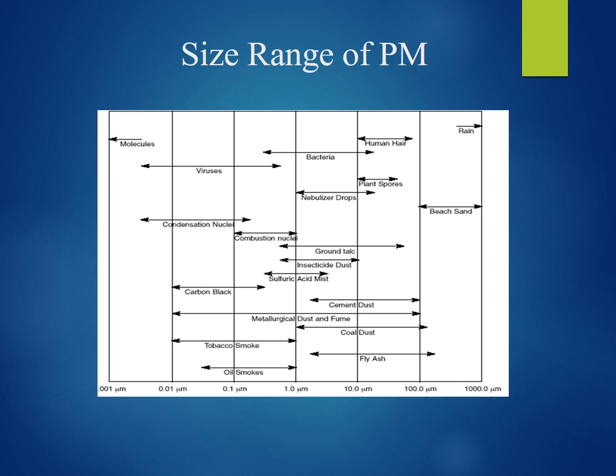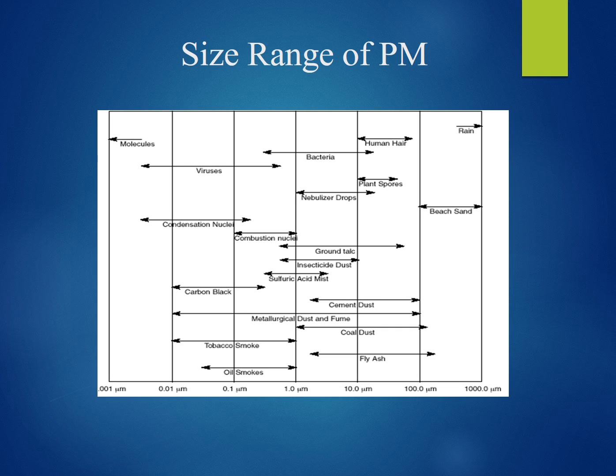You'll want to refer to the figure in your textbook, or there are several figures online that list the standard size or size ranges of different types of particulate matter.